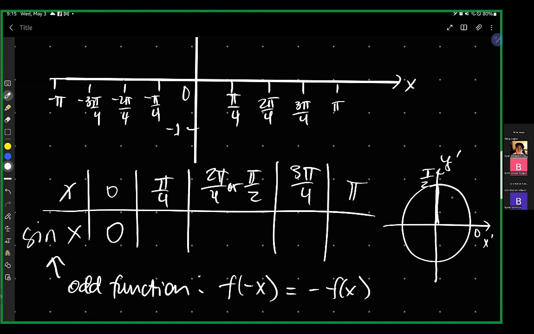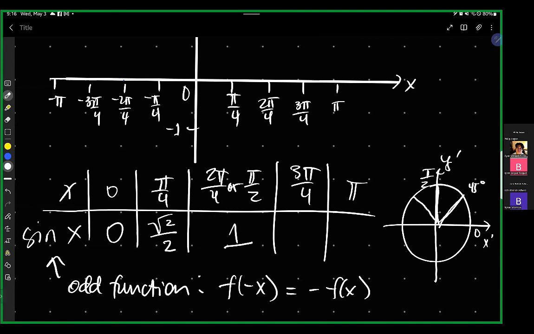And when it's pi over 4, or the 45-degree angle, it's equivalent to square root of 2 over 2. And for pi over 2, it equals 1.